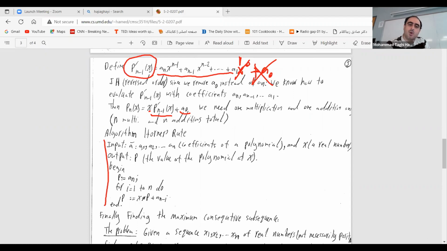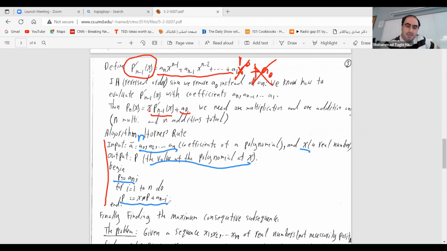I'm reading these coefficients from the input and also the real number x. The first n is given to me, then these numbers, and then x. How do I compute the value of the polynomial at x? I will put p equal to an. Then for i equal to 1 to n, I will make sure that p is equal to x times p plus an minus 1.